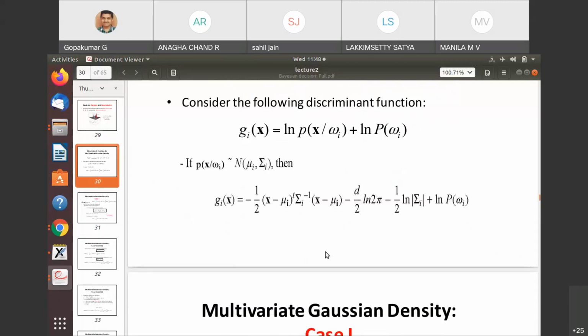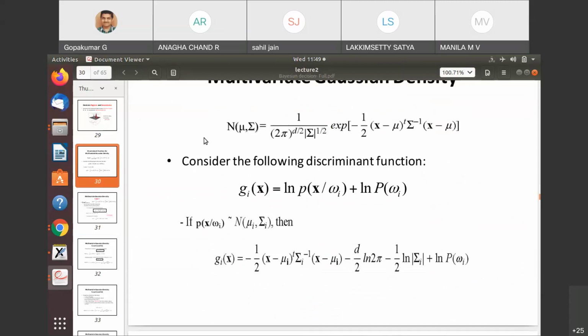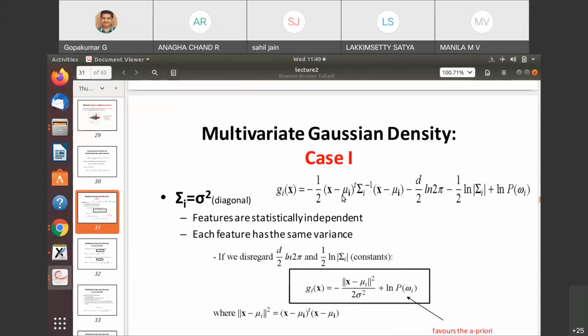Now we have to see how we can simplify this g of x, and how we can decide, given x, into which class it falls. There are different cases, especially with respect to the value of sigma, as I already mentioned.